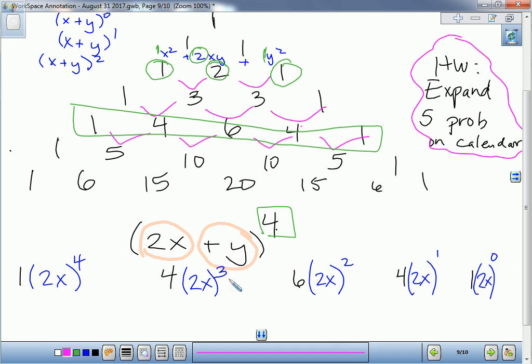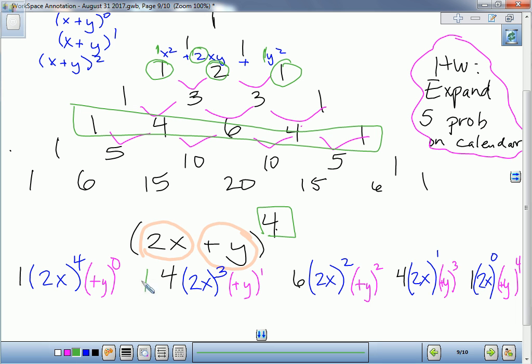Okay, now we'll take the second one, which is a positive y. We'll do that positive y to the 0, and we'll work its way back up. So the next one is a positive y to the first, and a positive y to the second, and a positive y to the third, and a positive y to the fourth.